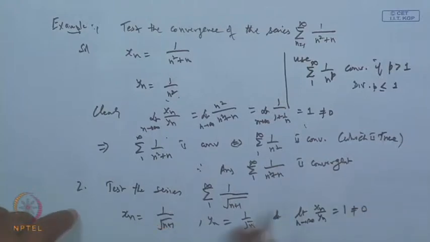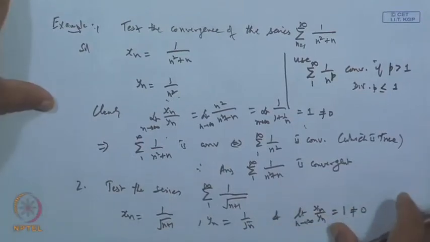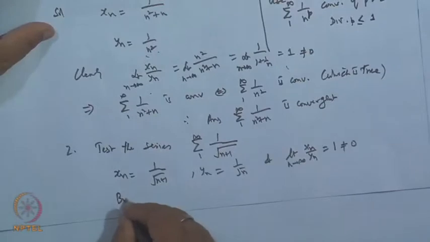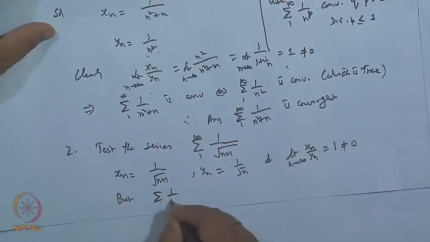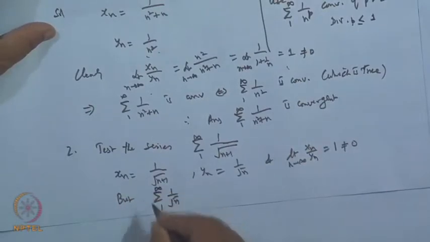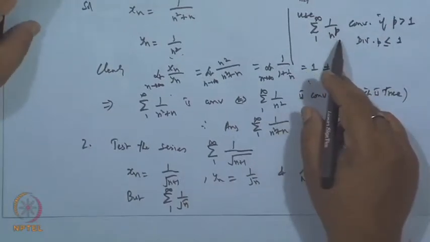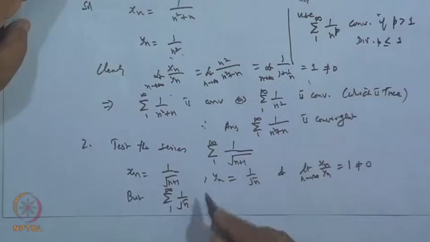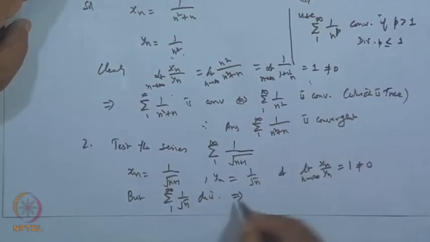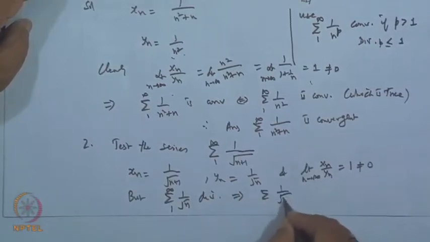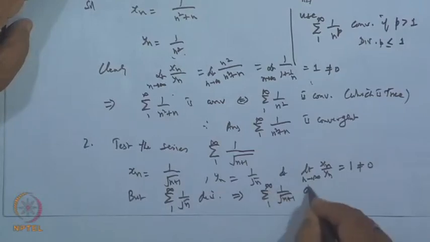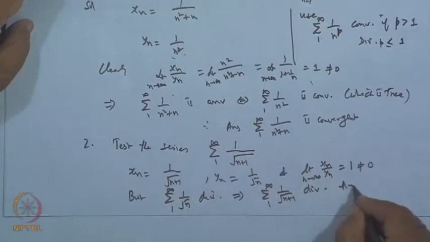It means the nature of these two series is identical, but the series sigma 1 by root n, 1 to infinity, is of the form sigma 1 upon n to the power p, where p is less than 1. So, it diverges. Therefore, the series sigma 1 by under root n plus 1 will also diverge, and that is the answer.